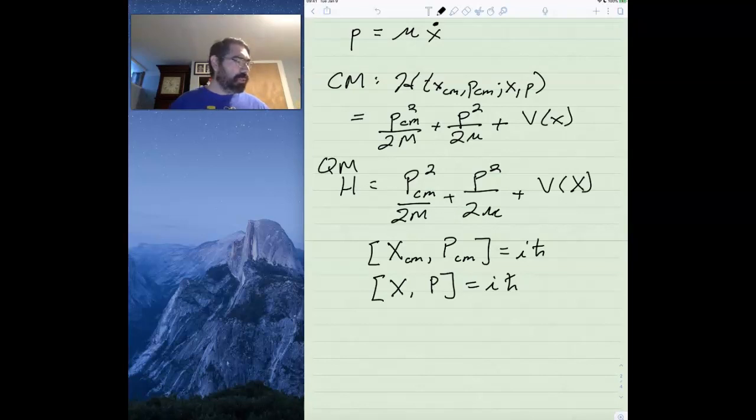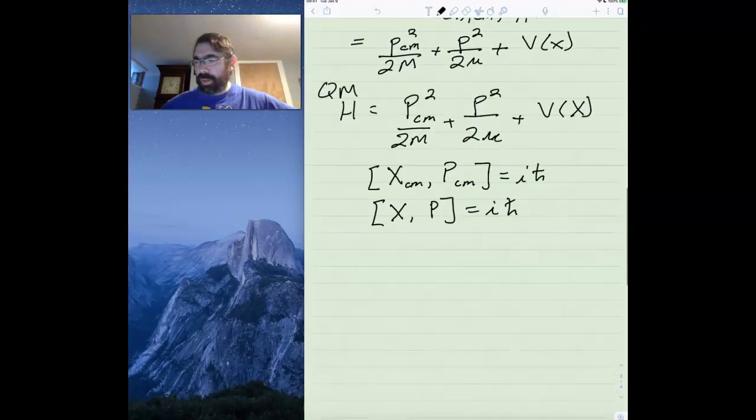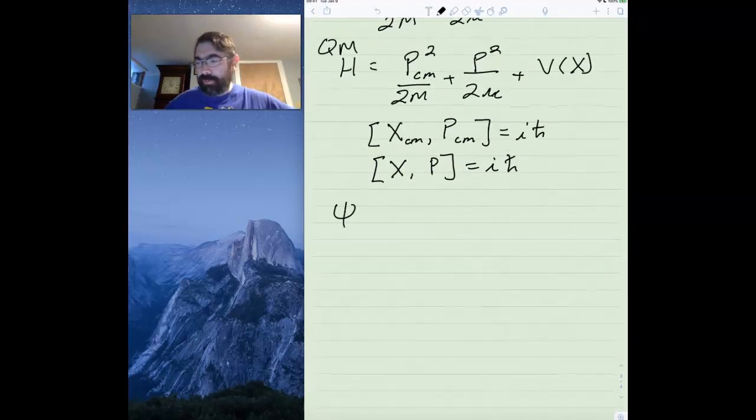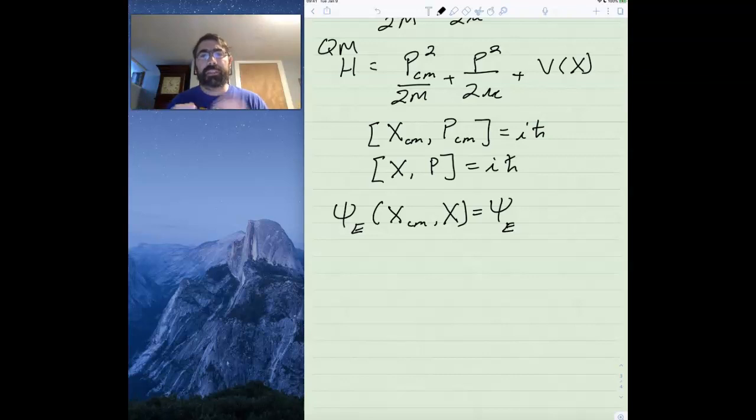Okay, so in the end, what do we get if we apply this Hamiltonian to our two-particle state? What you should get is a separable equation, where the wave function of the total energy, which is a function of the center of mass position and the reduced position, can be separated.